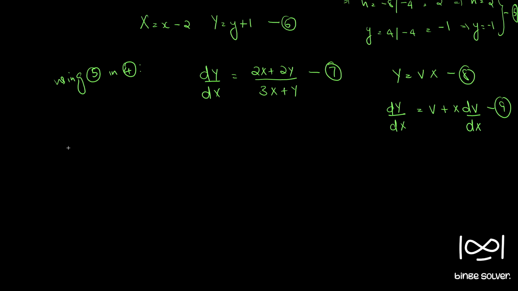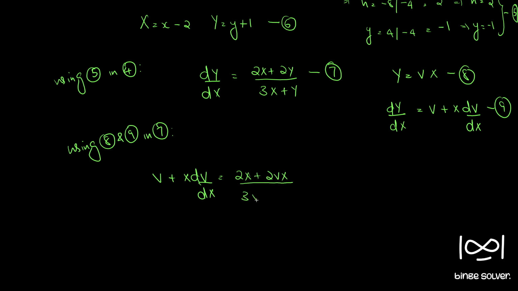So using 8 and 9 in 7 we have v plus X dv by dX is equal to (2X + 2vX) by (3X + vX), putting Y equal to vX.